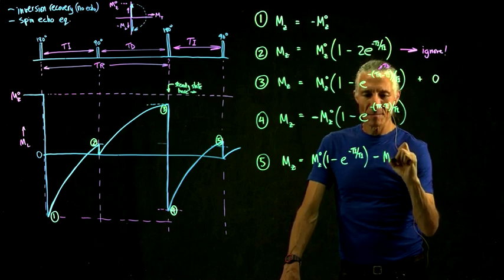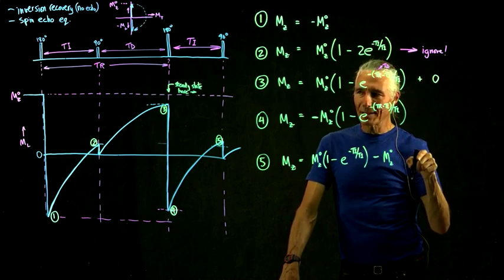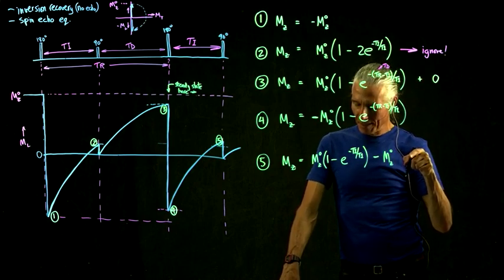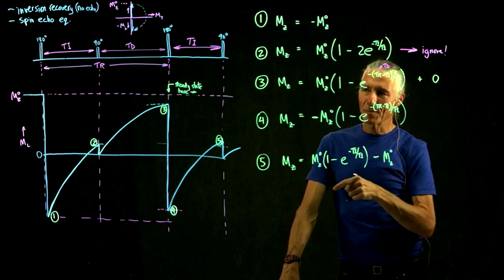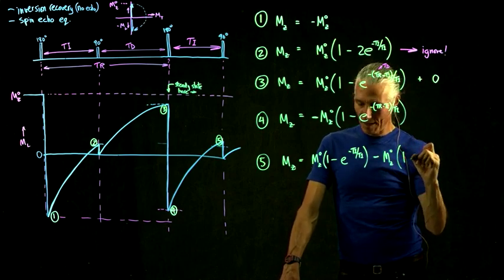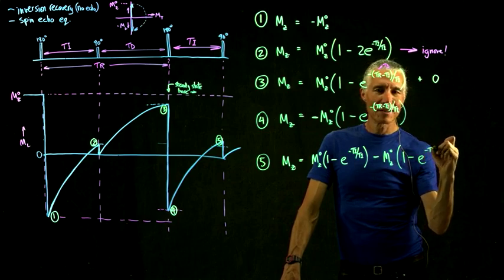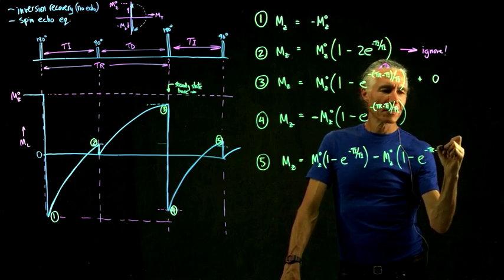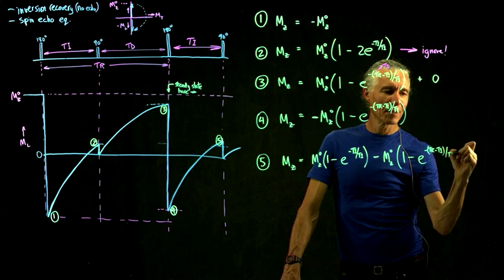So it's Mz0, that will be the amount of magnetization, plus, right after the pulse has been done, Mz0 and then 1 minus e to the minus. You can see what the problem is. It quickly gets out of hand if you have more than 2 pulses over T1.